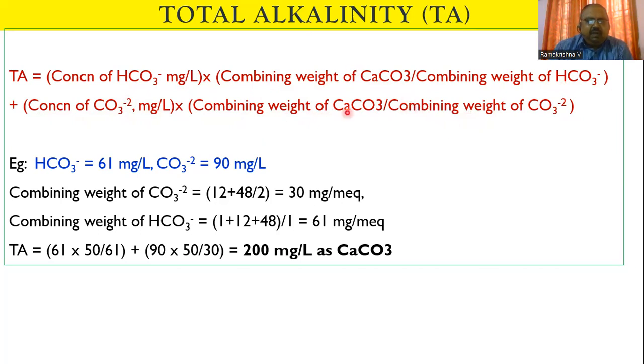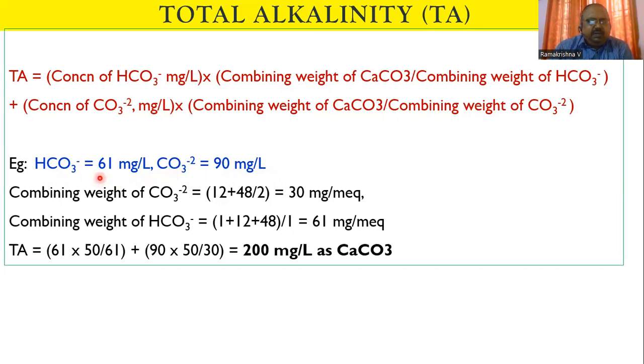This formula will give you the total alkalinity expressed as CaCO3. Here we are taking bicarbonate as 61 milligram per liter and carbonate as 90 milligrams per liter. When we do the total alkalinity test in the laboratory, we can find out from the titration the actual concentration of bicarbonate and carbonate by taking the experimental values.